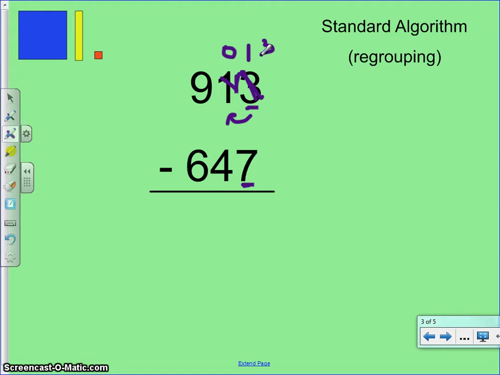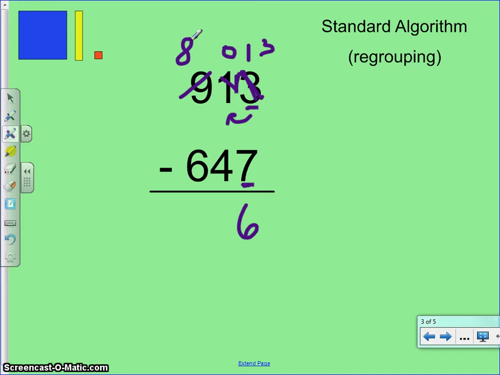13 minus 7 gives me 6. Now I go back to my tens, and remember I had to borrow that 10, so I'm left with 0 tens now, and so I need to go to my hundreds place so I have something to subtract from. So I cross out my 900 and it turns into 800.